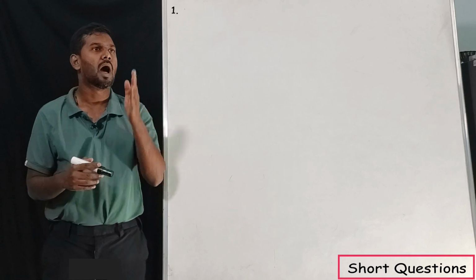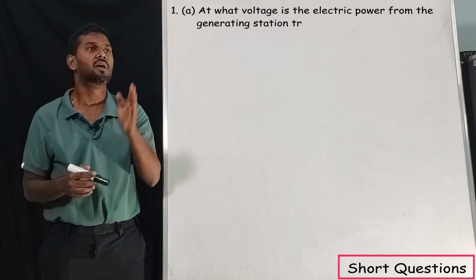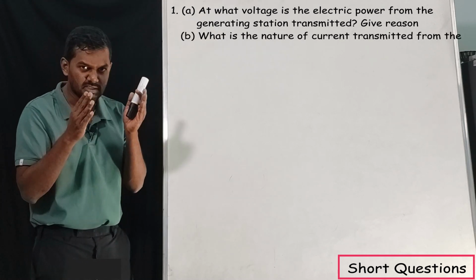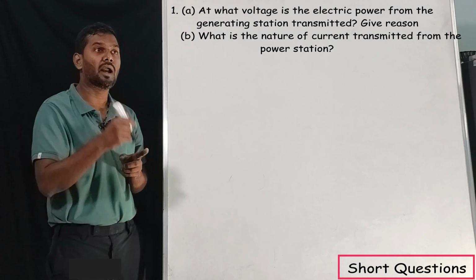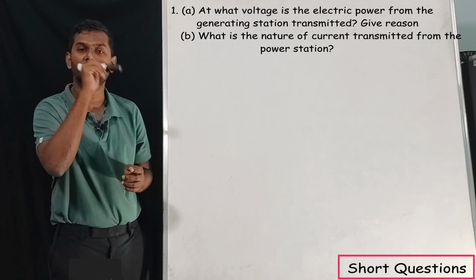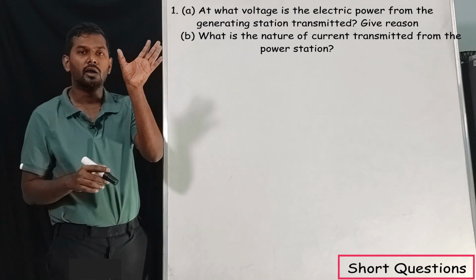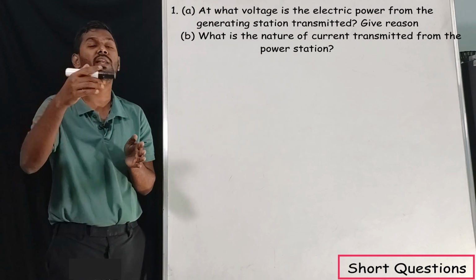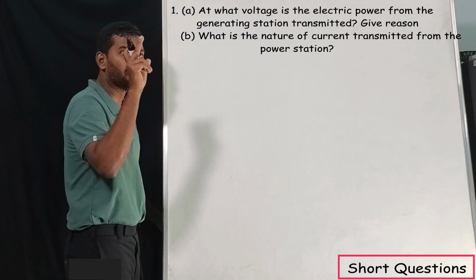Our next question: at what voltage is the electric power from the generating station transmitted? See, the voltage at which we are generating is 11 kV. The transmission also will happen at 11 kV, and they are asking to give a reason for your answer. Why can we not generate more than 11 kV? That is their question. So first we have two sub questions.